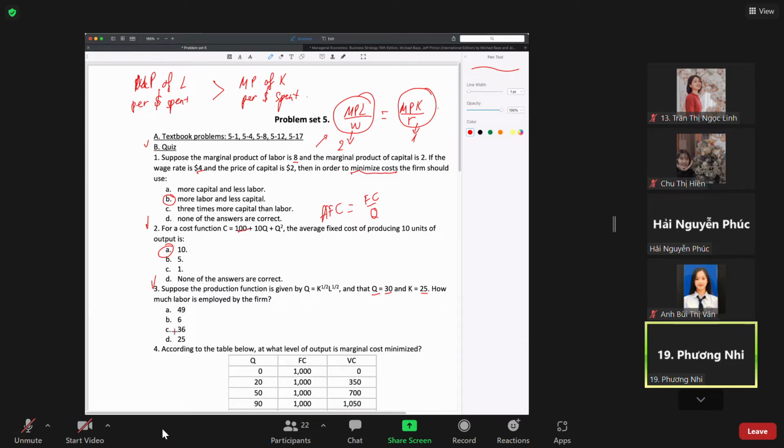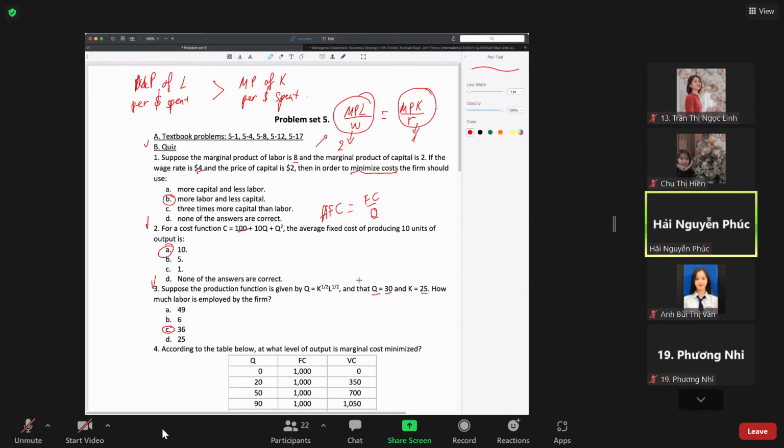C, right? C, that's correct. We simply plug in. We are going to have 30 equal 25 L, and we have to find L. It is going to be equal to 36.